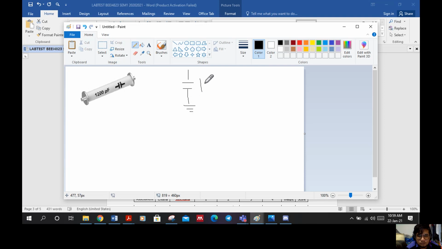This is the 1200 equal. Okay, the next is we call it the switching spark gap. Okay, this is the spark gap.